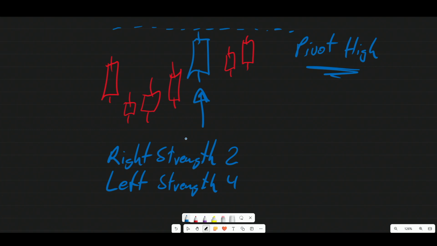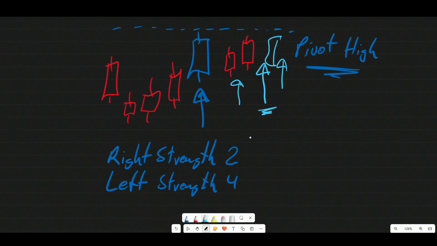And that's why I say it's a little bit tricky, because only here you will know that the pivot happened. You need to wait for 2 bars after the pivot happens, then you will know that the pivot happened. And if the strength was 1, then you will know over here. And if it's 3, then you will know over here. And so on and so forth.